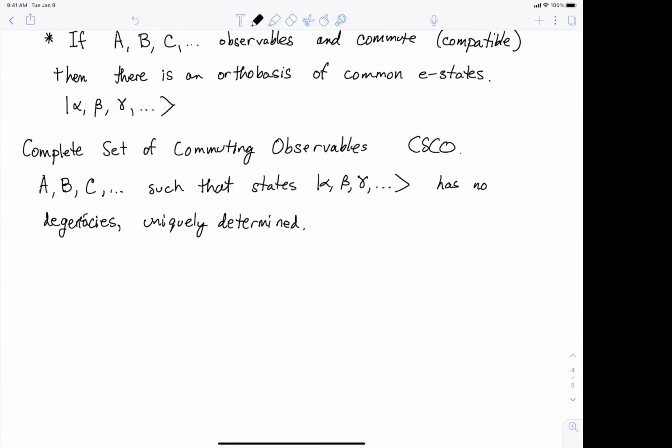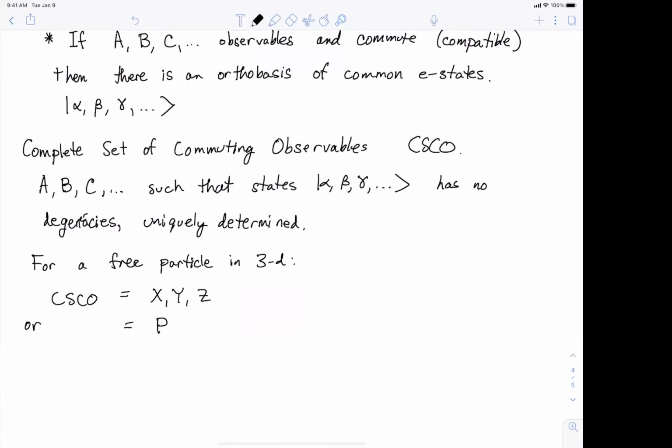So for a free particle in 3 dimensions, there are different choices of the complete set of commuting observables. One would be just the position coordinates, x, y, and z. Or we could choose the momenta.